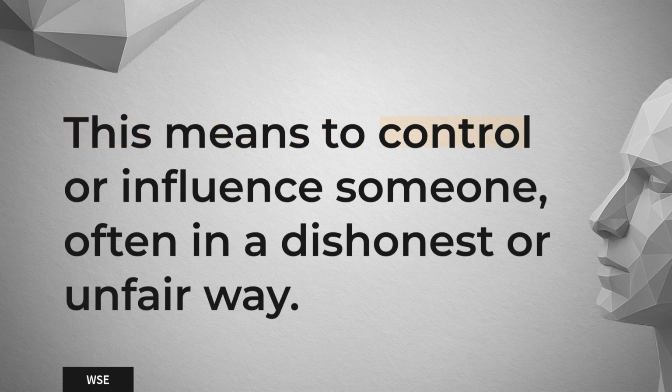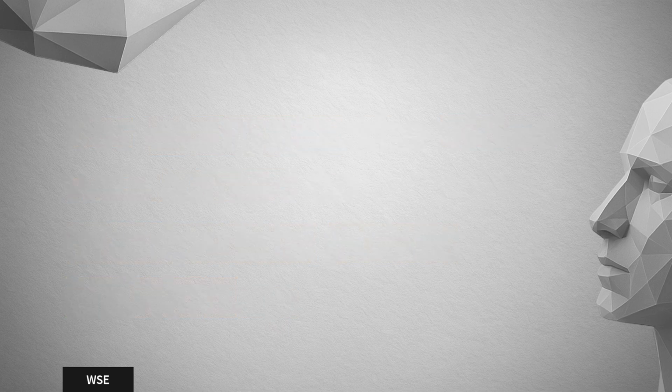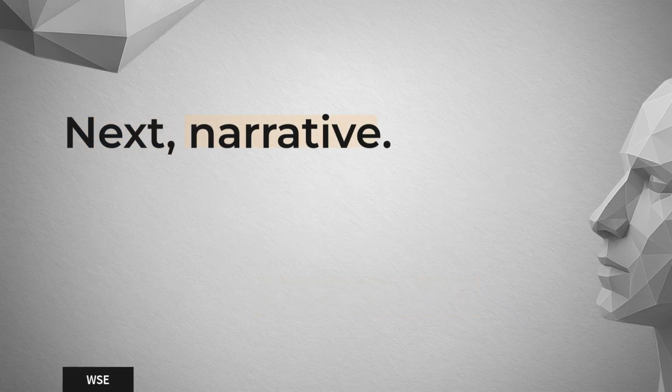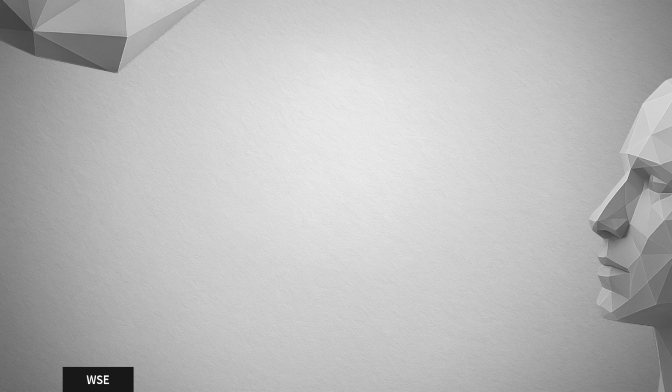This means to control or influence someone, often in a dishonest or unfair way. For example, the video was edited to manipulate public opinion. It's a strong word, and when you use it, people know the situation involves deception. Next, narrative. This is a story or version of events.